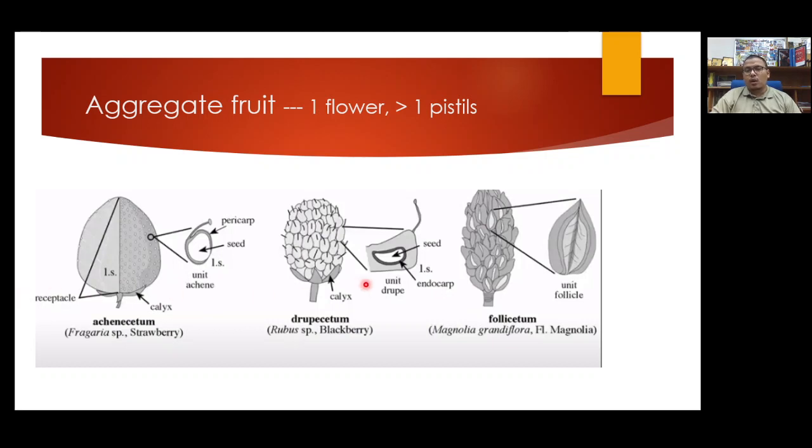The individual follicles open along one line, all held together within the receptacle. The receptacle is at the center, holding all those follicles together.